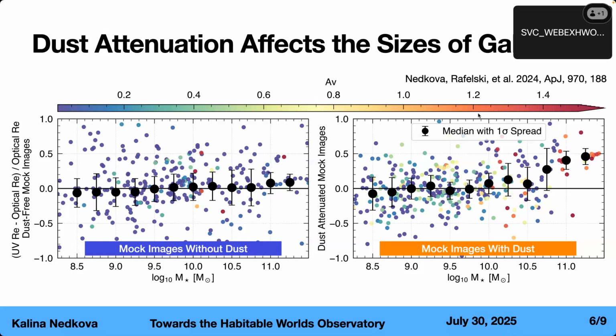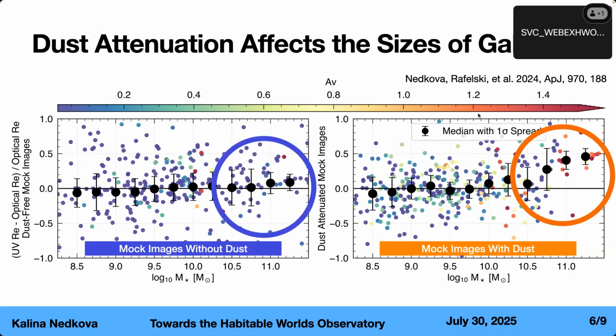And so you can notice that in the dust-free case, the difference between the two radii are consistent with 0. This is telling us that when we exclude the effects of dust, the optical and UV sizes are consistent. And when we look now with dust, we see that we have this upturn where the galaxies are much larger in the UV than in the optical.